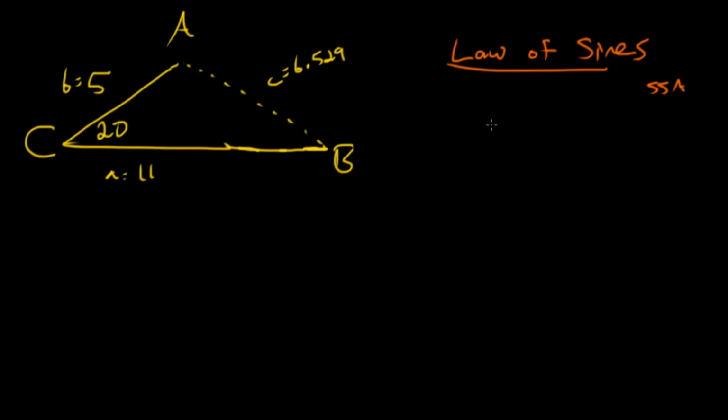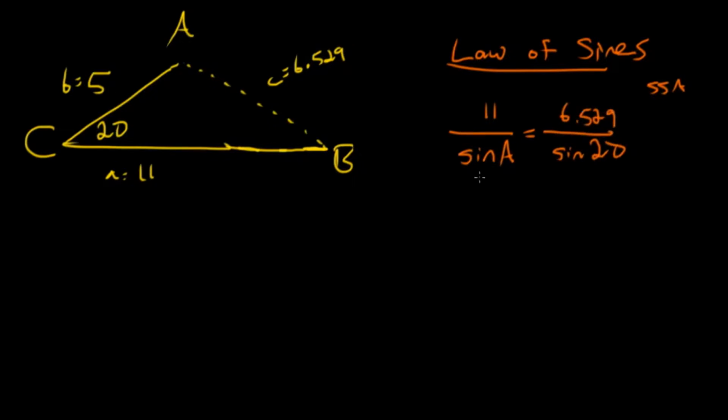So there are two angles. Let's solve for angle A. So sine A, we have its length, 11. And then we have C, so sine 20 over 6.529.